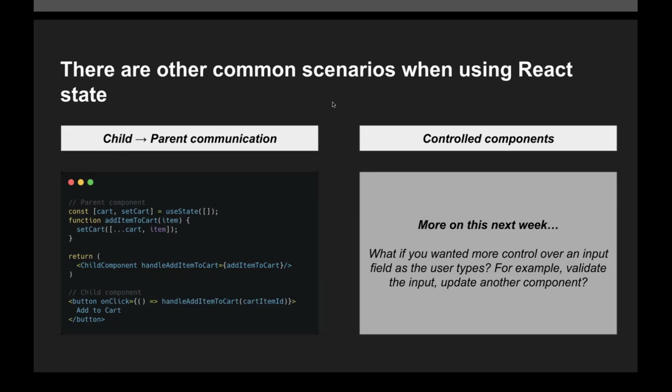So how would I, while someone's typing in real time, track and see if it's a valid email or not? And maybe if it's not, highlight that box in red. It turns out that's a great example of what's called controlled components, and state becomes very handy for those sorts of things. So it's just a motivating example of something we'll see next week, as yet another example of state and the power of how we can use it.